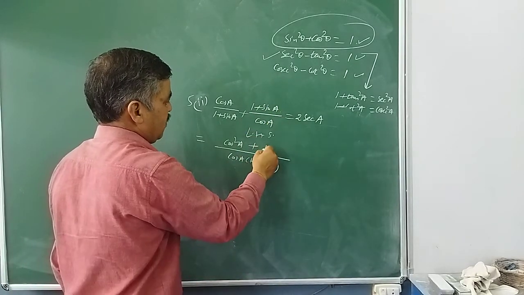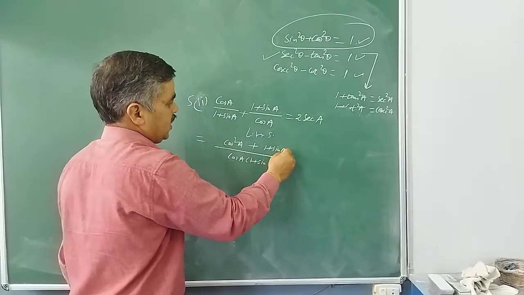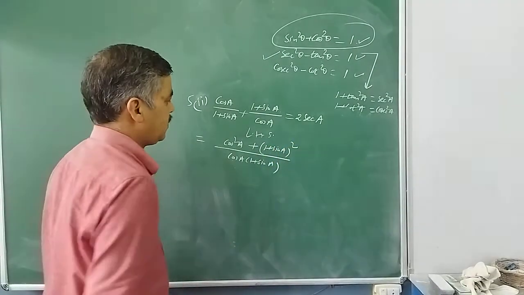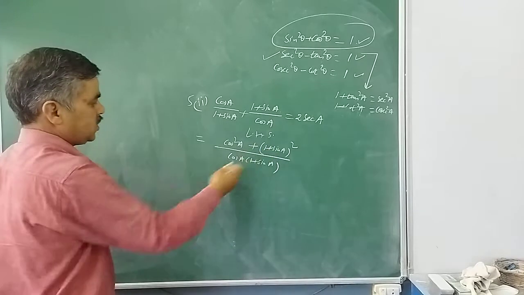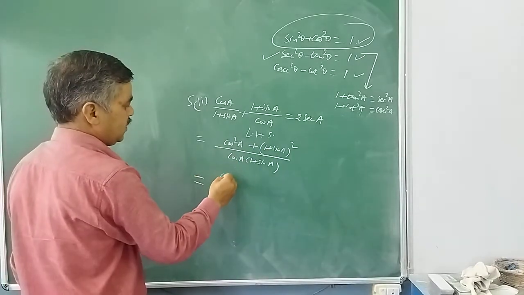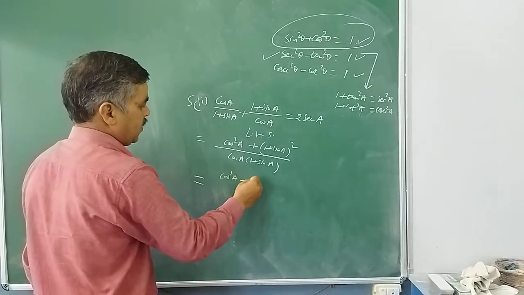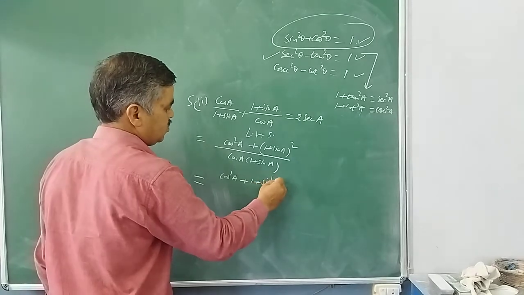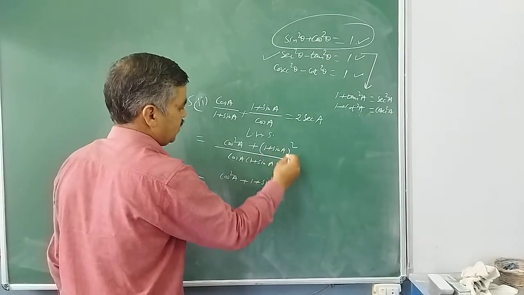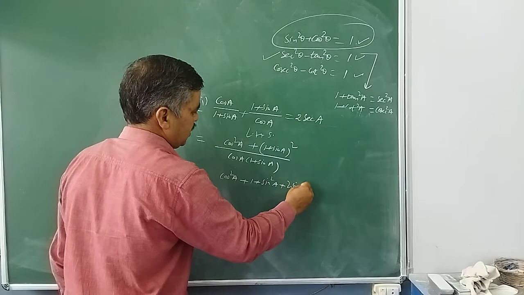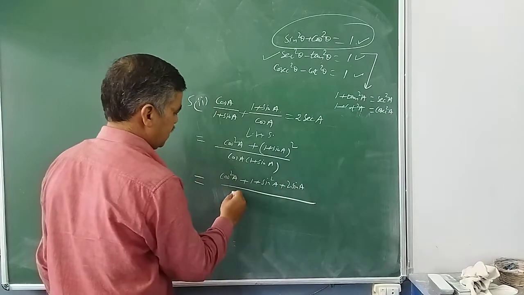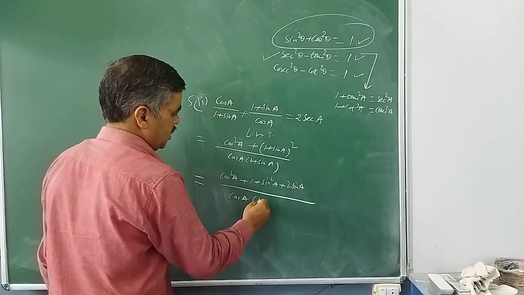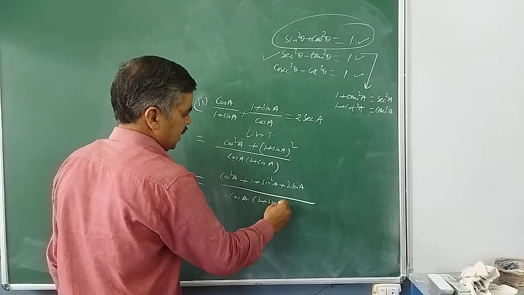So this will become 1 plus sin A whole square. Now you can expand this. So this will be cos square A plus 1 plus sin square A plus 2 into 1 into sin A means 2 sin A, and whole upon cos A into 1 plus sin A.